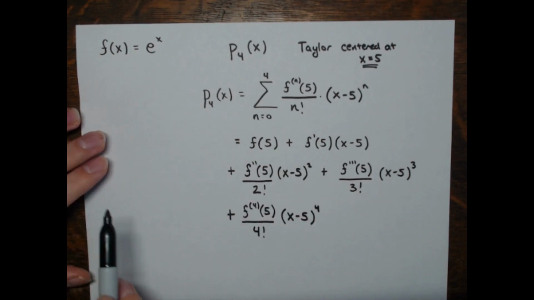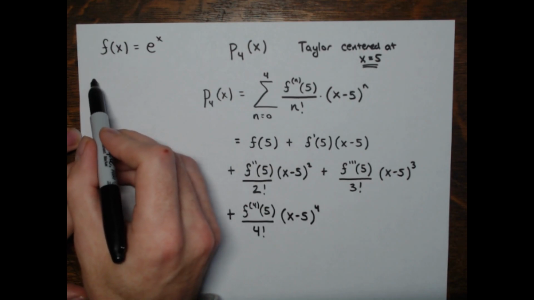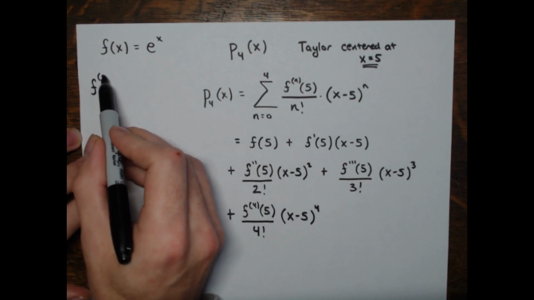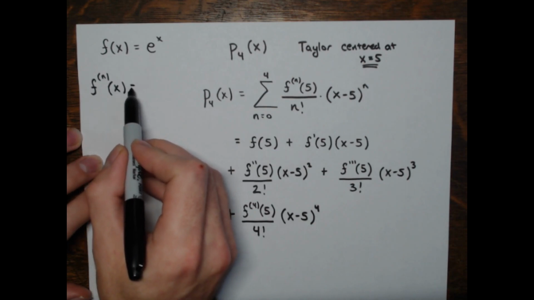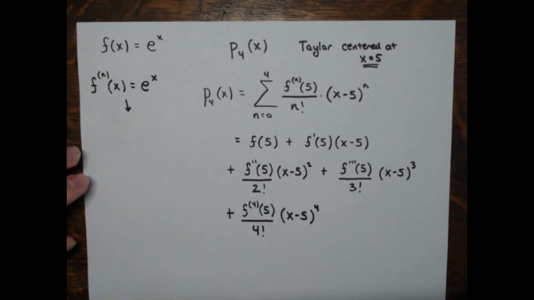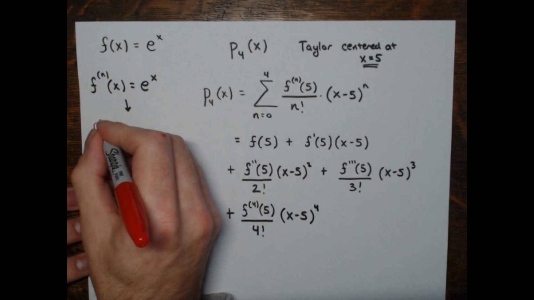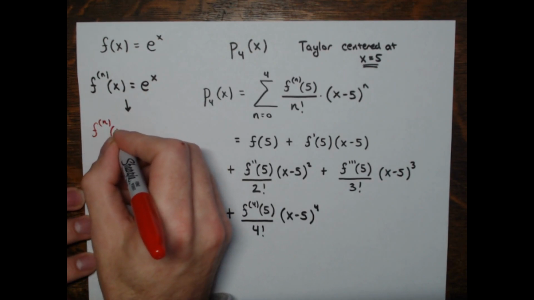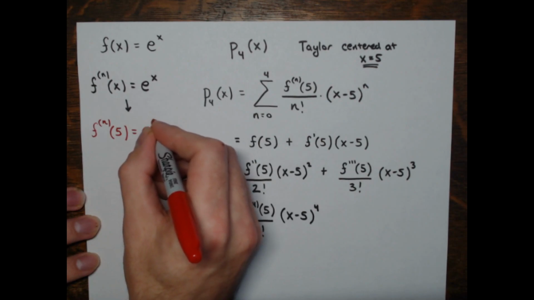Now, the nice thing about this function is that every derivative is the same. The nth derivative of this function with respect to x is e to the x. So every single one of these derivatives at 5 is going to have the value e to the 5th.